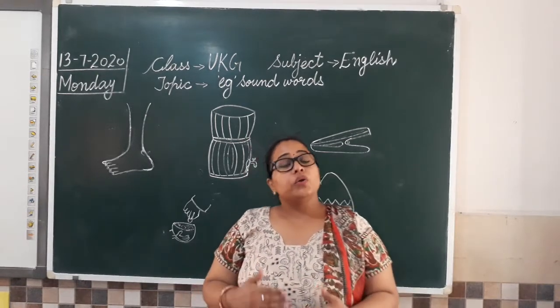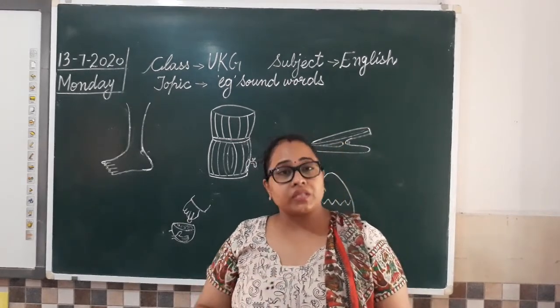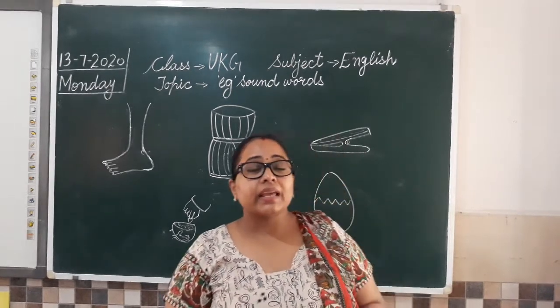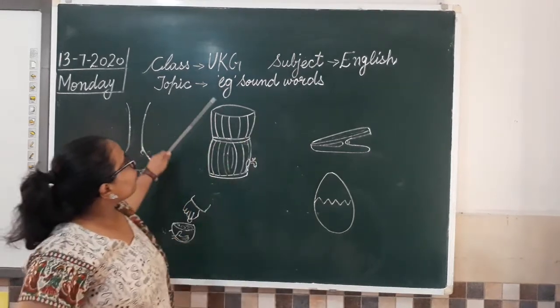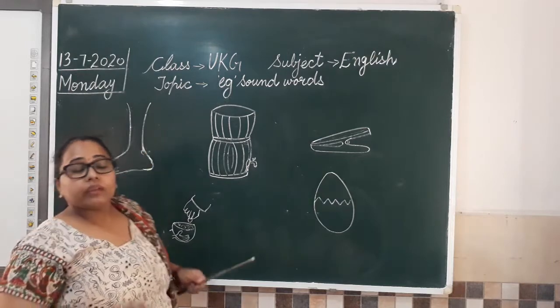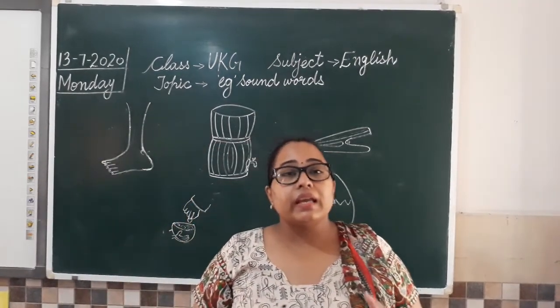So now today in our English class we are going to start with one more E family word, that is egg. Which family are we going to learn about? Egg family words. So how are you going to pronounce it? Egg.